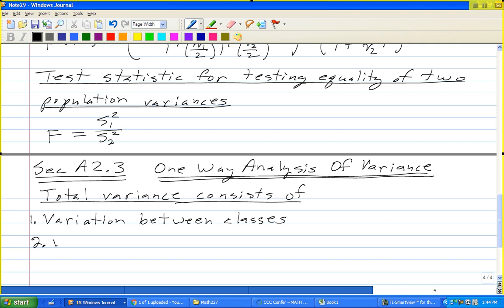Next, the variation within the classes. This type of variation is really just due to statistical variation, just due to chance. This is calculated using all the sample data and is really not affected by the different means.